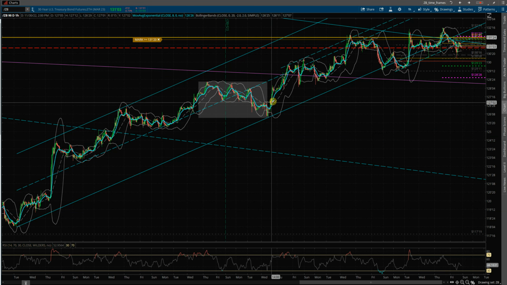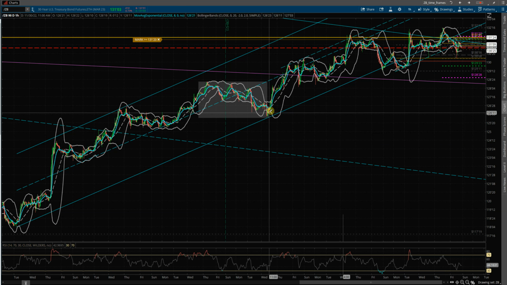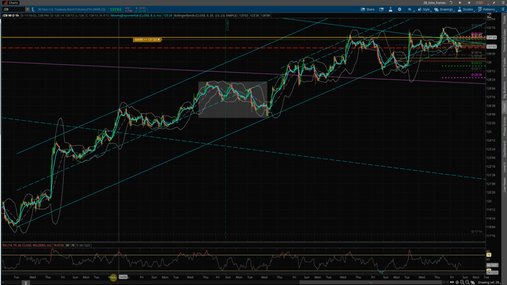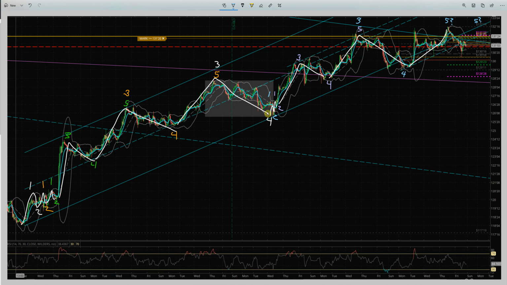So I'm going to talk about what the anchor for this fifth wave, what the extensions might be. Previously I wasn't really attentive to this 1 2 1 2 nest right there at the beginning of this presumed fifth wave. So I was thinking that that might be the top right here, and I was talking about how, if we broke this highs to highs extension, the trend would be over, but that's not correct because we came down in another fourth wave and yet another highs to highs extension.